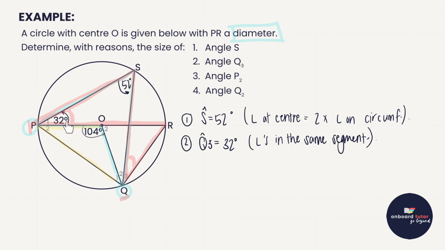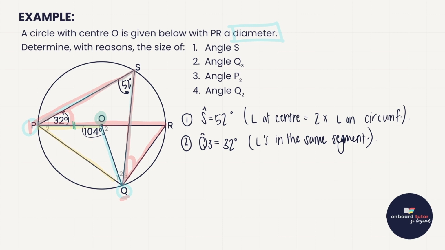I don't see a further angle in the same segment. You see, my brain is kind of going through a bit of a checklist. But because we were given the center of a circle here at O, we need to start thinking about lines that come from the center to the circumference. Those are called radii.